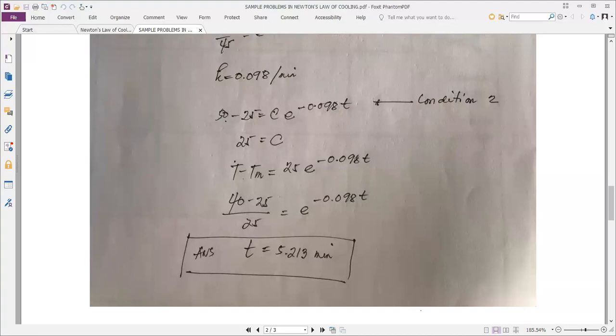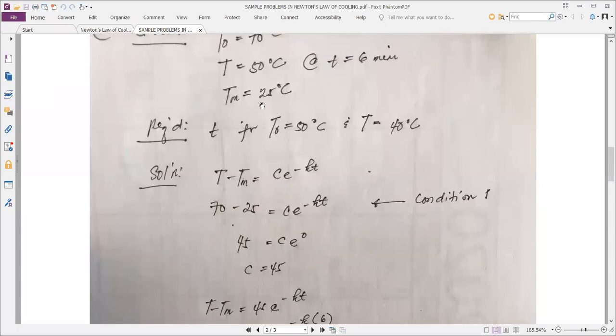Very good. So that's 11.2103 minutes, right? Now, if you're going to subtract, it took the oil in the first condition here 6 minutes. We will just reconnect. It took the oil 6 minutes to reach the 50 from the 70.